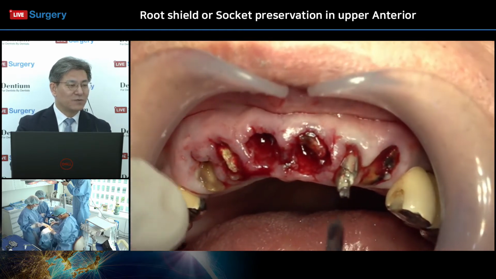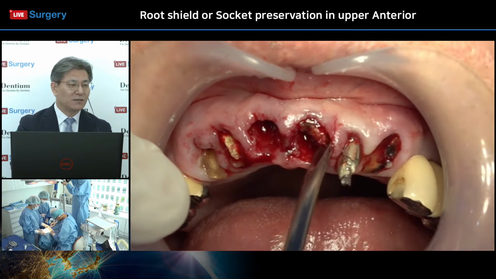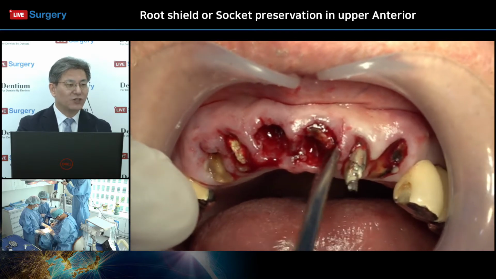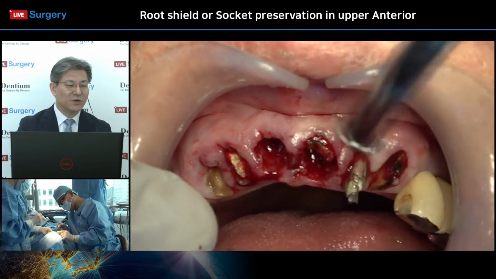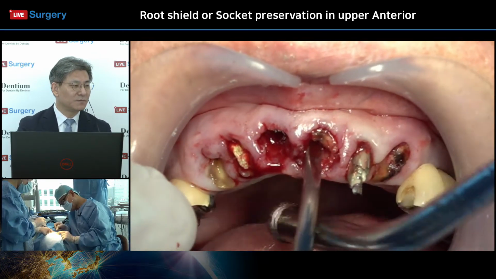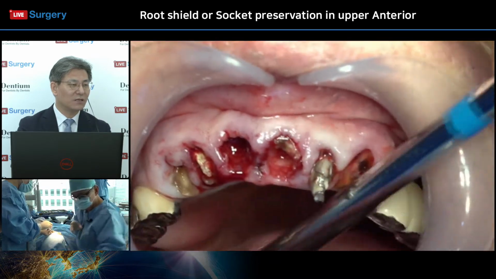This procedure is very important, as you know. The best outcomes start with atraumatic extraction and immediate implantation, especially in the upper aesthetic area. Okay, so almost done.